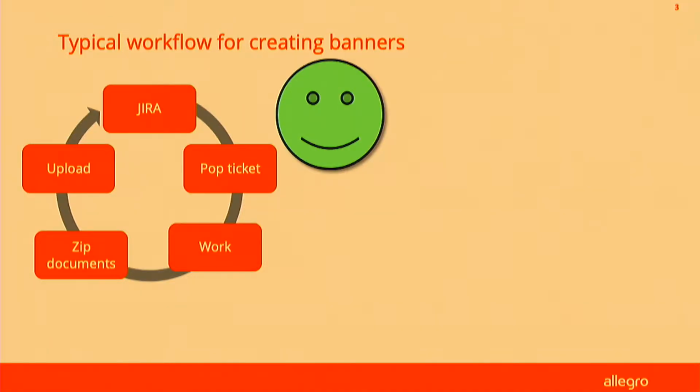Let me introduce Bob. Bob is a graphic designer at Allegro. Bob likes doing something creative. As we can see, a typical workflow is strongly connected with work in an issue tracker, like Jira. The whole flow is concentrated around this system. So, the standard way is getting a new ticket from the dedicated queue.